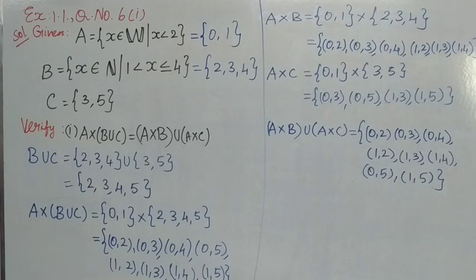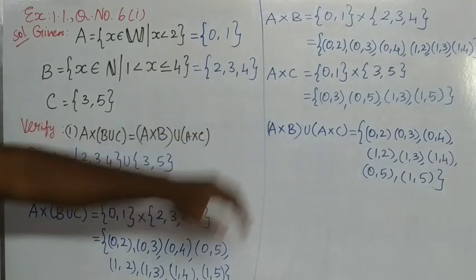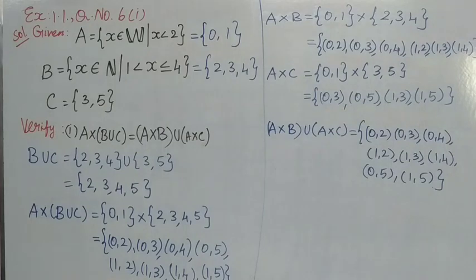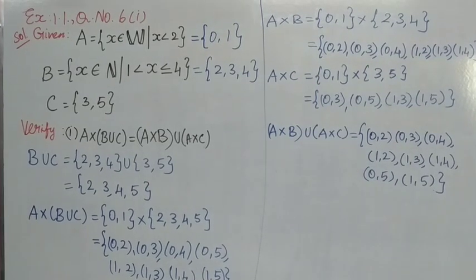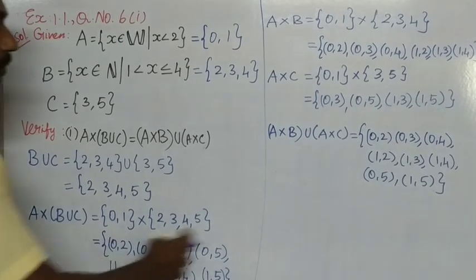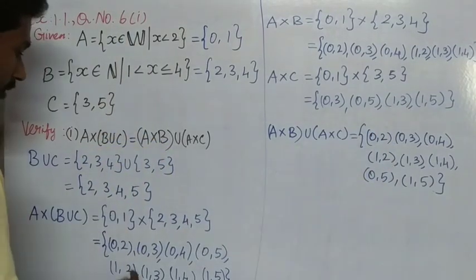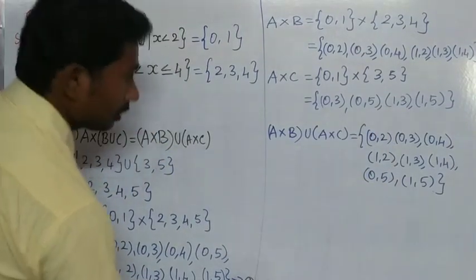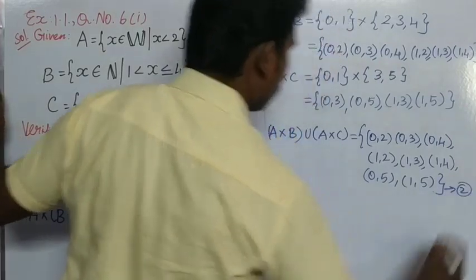Now we have to check A cross of B union C with A cross B union A cross C. Now let's check with both. So check 0, 2. There is 0, 2. Consider this equation 1, and equation 2 we can compare now.